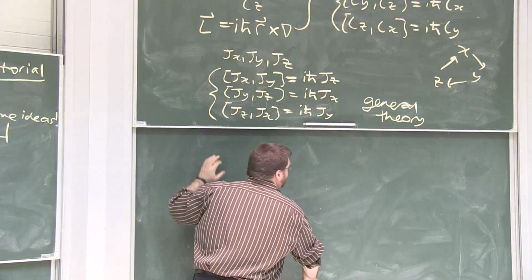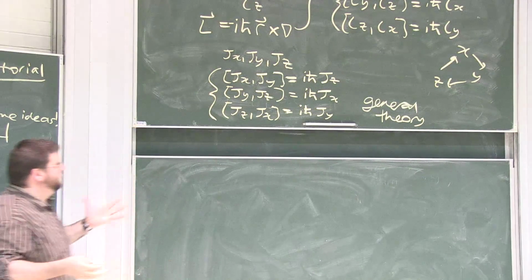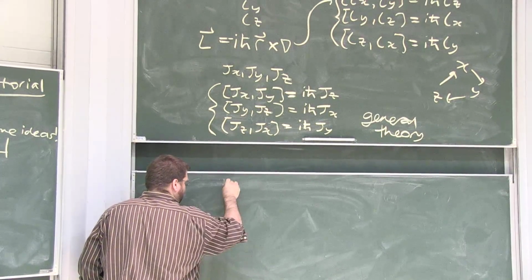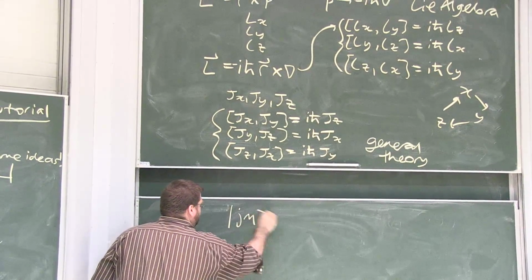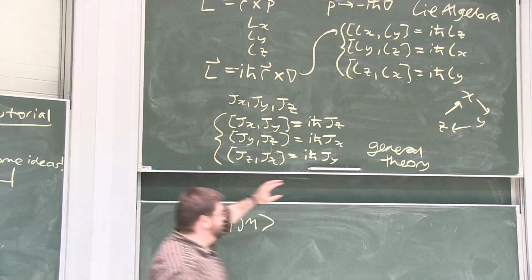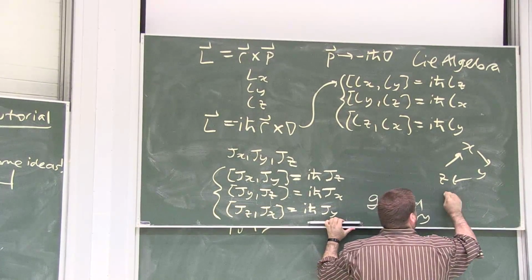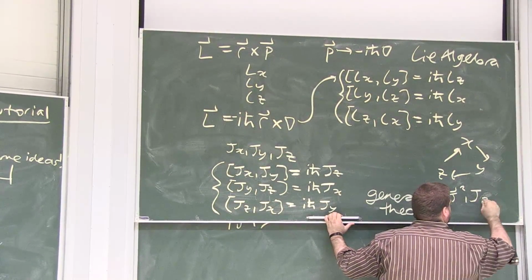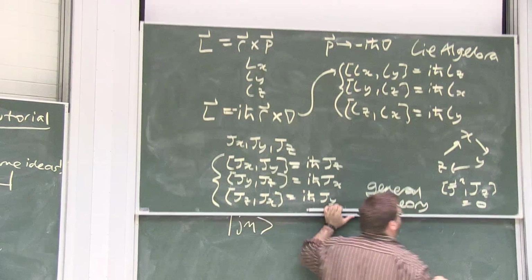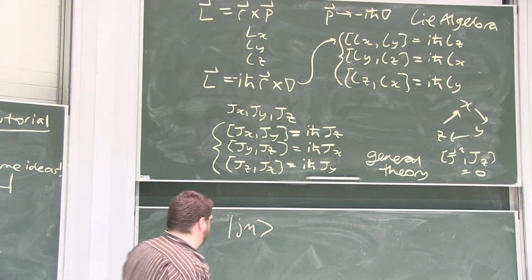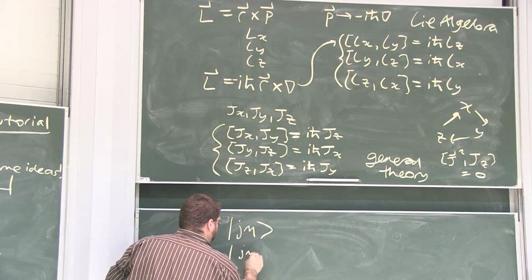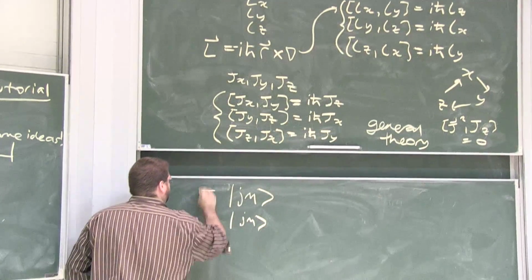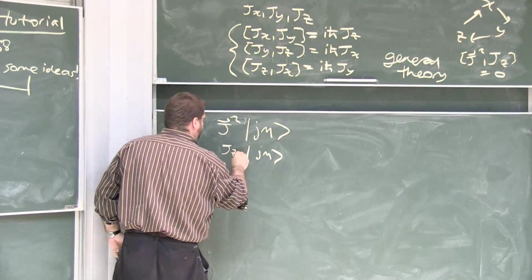We then prove, using a series of algebraic steps, so we had our generalised spherical harmonics. You can show from this that because J squared commutes with Jx, Jy, and Jz, but they don't commute with each other, you can have simultaneous eigenfunctions, or simultaneous eigenkets, of both J squared and Jz.